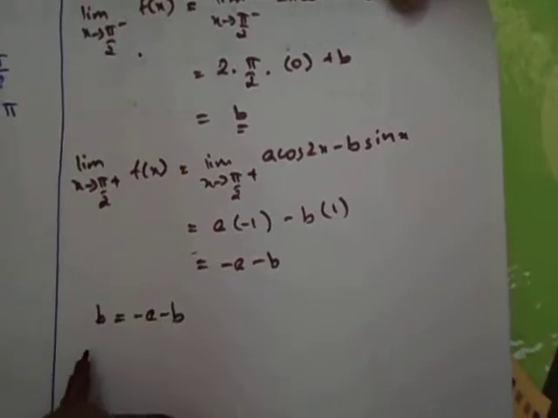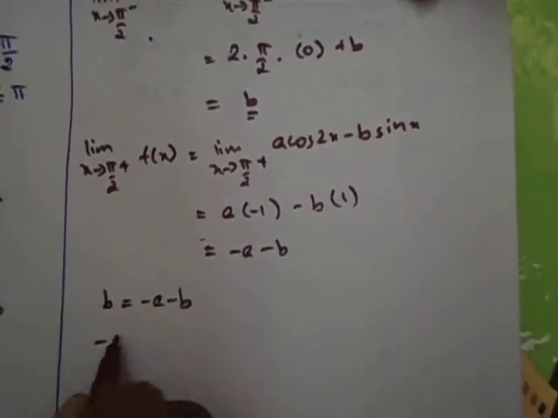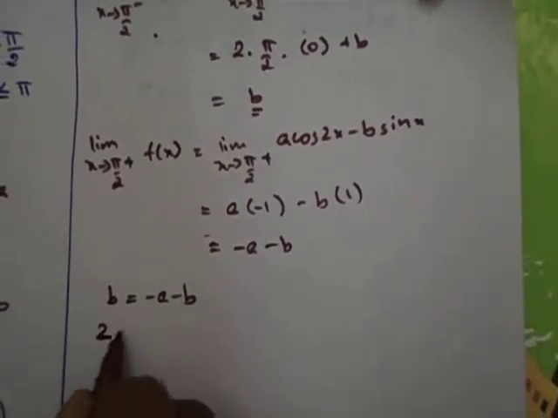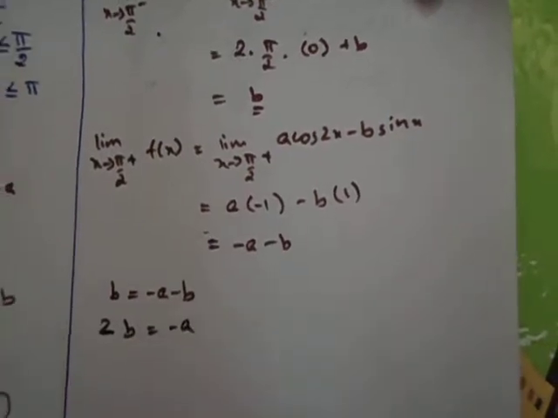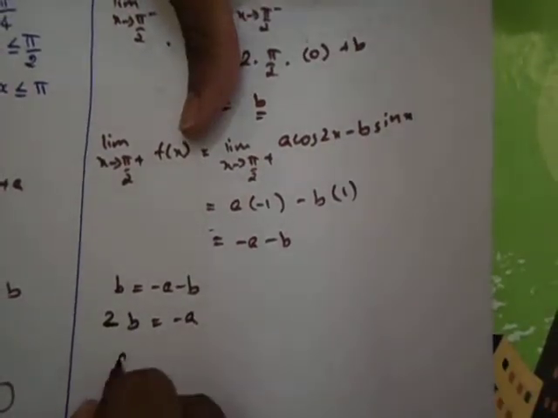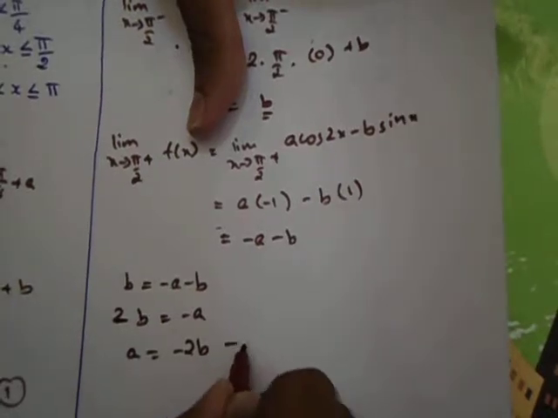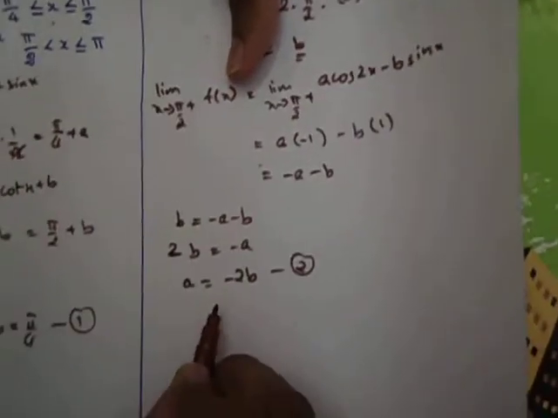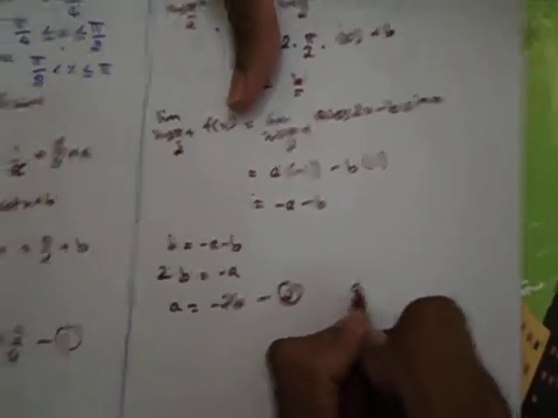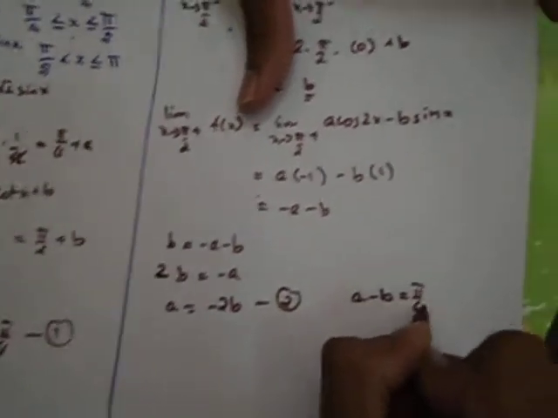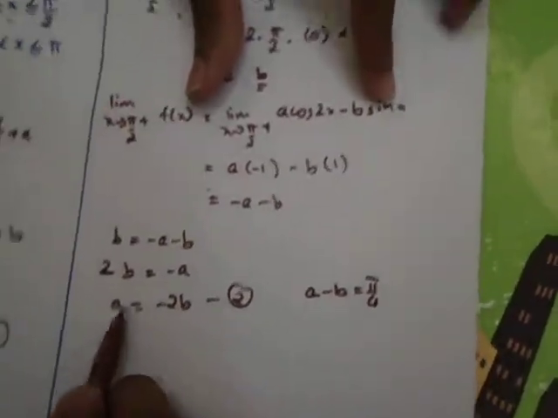Rearranging, we bring this b to this side, and we get 2b is equal to minus a. So a is equal to minus 2b, this is equation 2. Also we have from equation 1, a minus b is equal to pi by 4. Let's substitute the a value here.